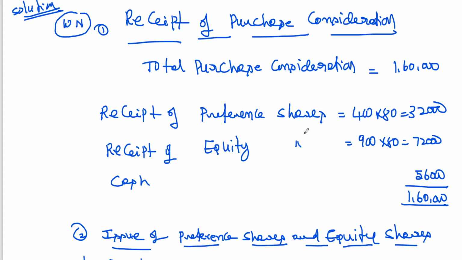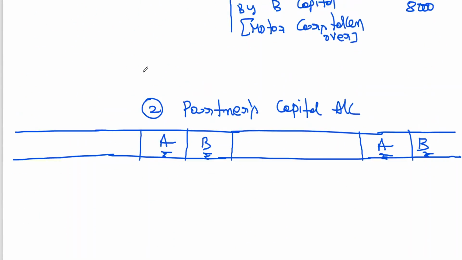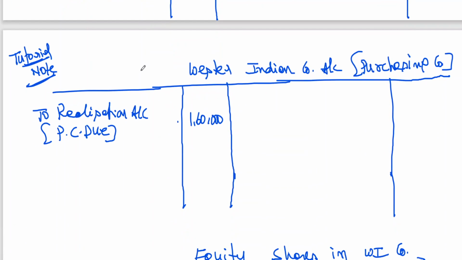We have seen here receipt of preference shares 32,000, receipt of equity shares 72,000, cash 56,000. This is purchase consideration received. So when purchase consideration has been received, we should write the entry. I've already given today's class entry for receipt of purchase consideration by shares in purchasing company.